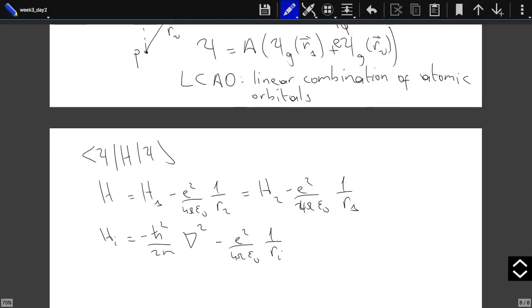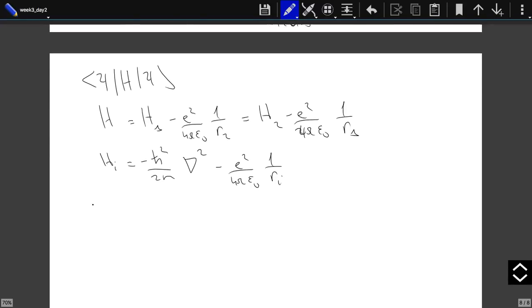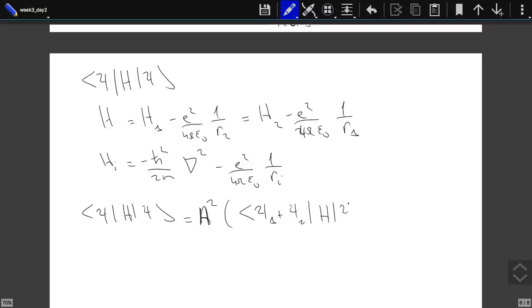Okay. Now that will kind of simplify our expressions. H psi, this will be A squared, let's say psi 1 plus psi 2, H, psi 1 plus psi 2.